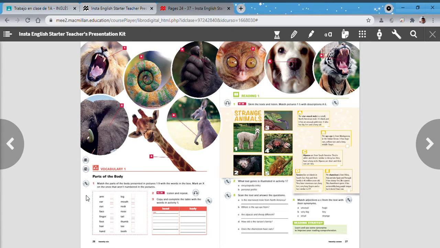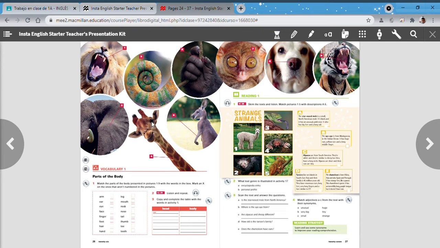So, which of the word can you see in the picture? For example, arm. Yes, look at the kangaroo. This is arm. So arm is in number 6 here.